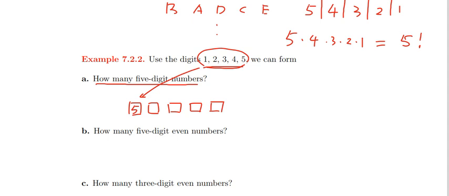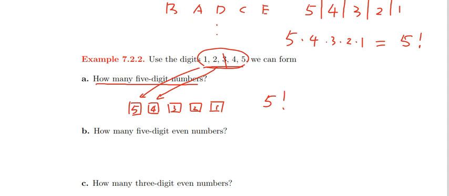Then suppose the first one is the number 3, put it here. By now we have 4 digits left, so from these pick one to put here. How many ways? 4, right? So how many 5-digit numbers? 5 factorial, right? From the 5 digits, we can make 5 factorial numbers.